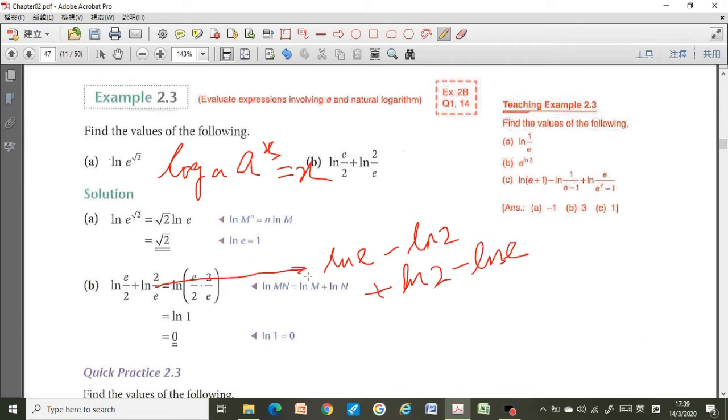They are cancelled by the same terms, log e together and log 2 together, so you still get 0.